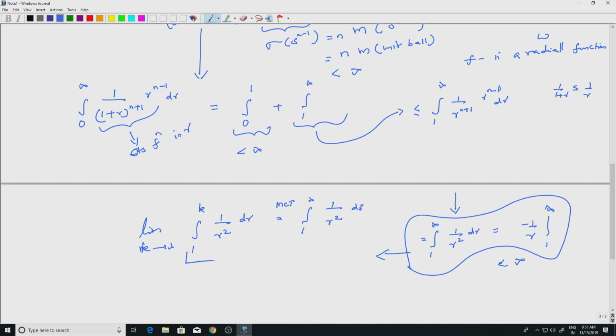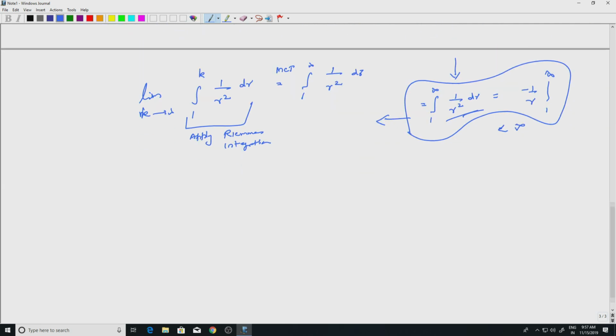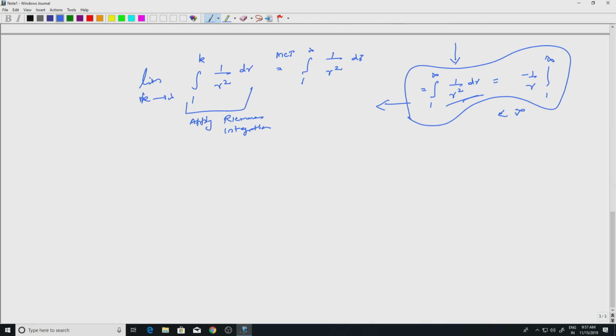And here you can apply Riemann integration because we are on an interval and this is a continuous function. So instead of doing this, you can do this from 1 to k and take the limit. Okay, so that is the standard method. You have seen this before, so apply the same thing and you will get that this is finite.